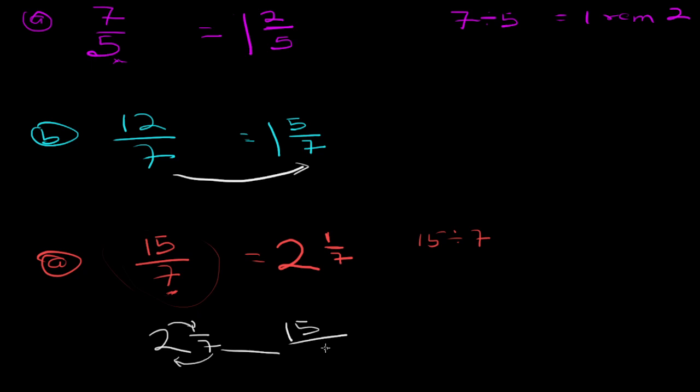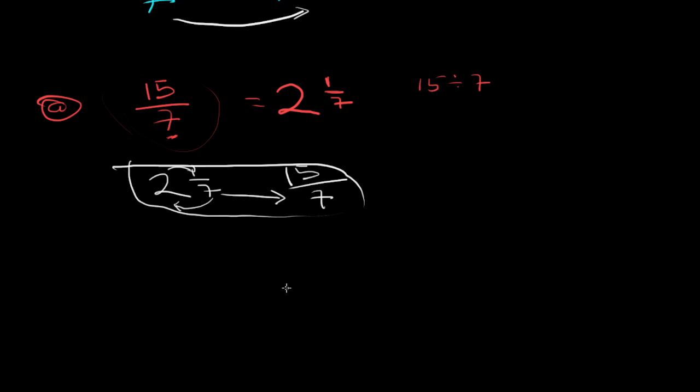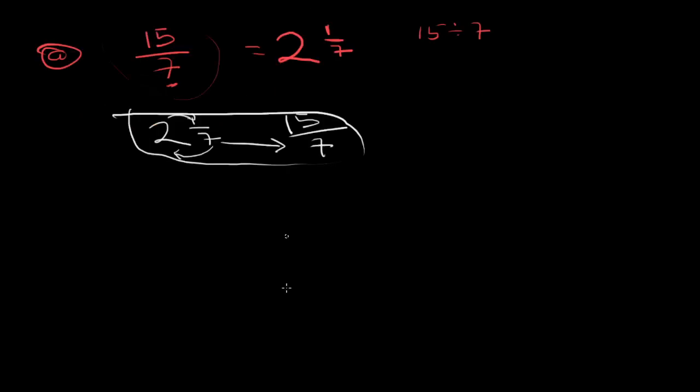And then we maintain our denominator, which is 7. All right? So we actually got the same thing. So we can be confident that we did the right thing. All right. So let's do the next example.